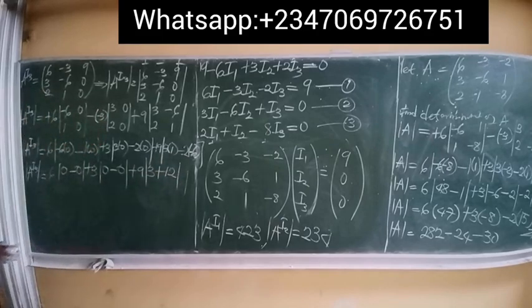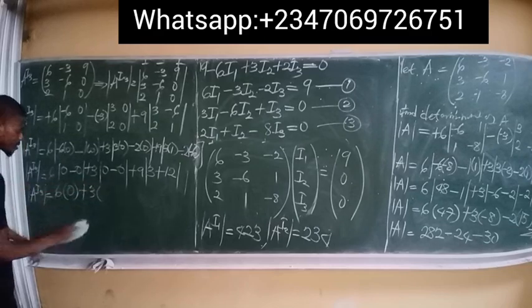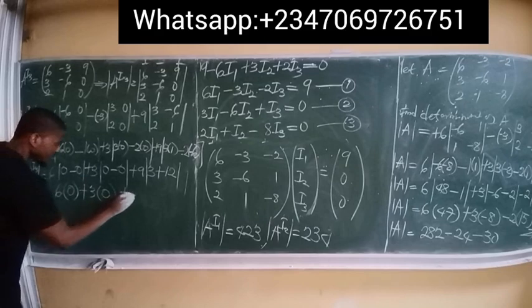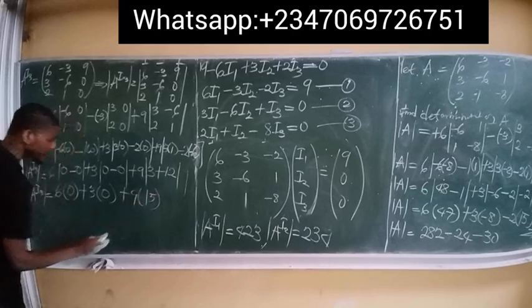So the AI3 determinant is now equal to 6 into 0 minus 0 is 0, plus 3 into 0 minus 0 is 0, plus 9 into 3 plus 12 is 15.